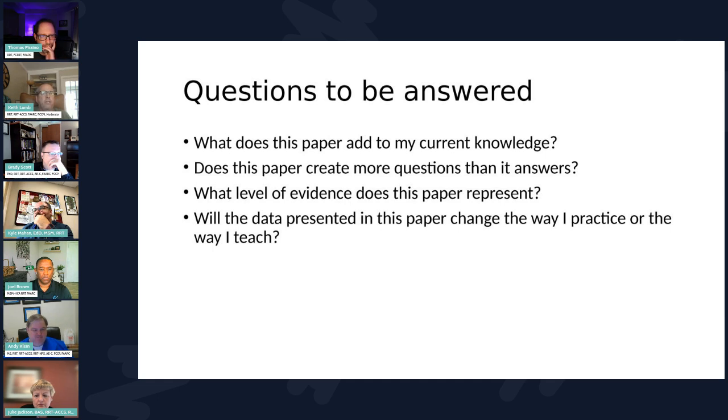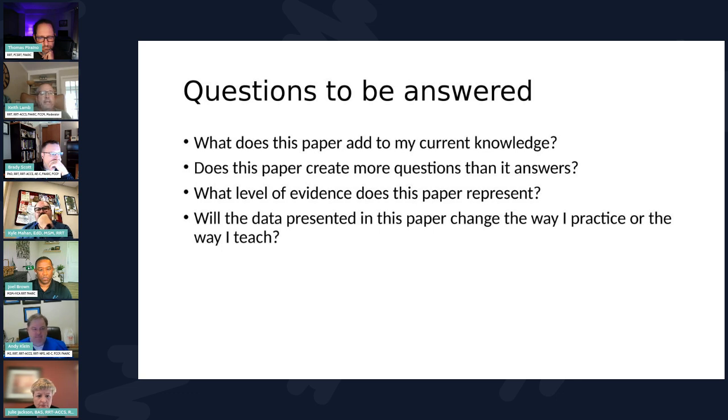So the questions I ask myself: let's say I'm reading a paper about ARDS and mechanical power. What do I know about this so far? I think there's a lot more that I don't know about it than there is that I do know.